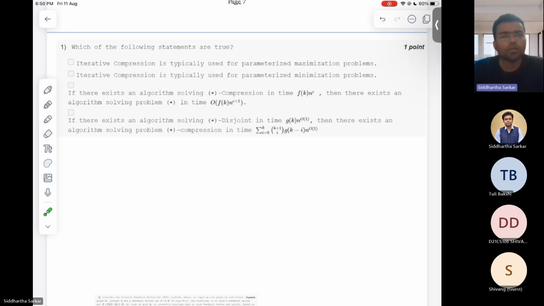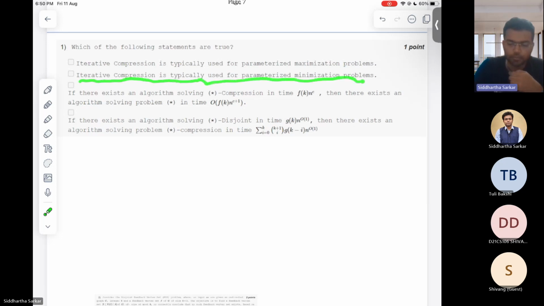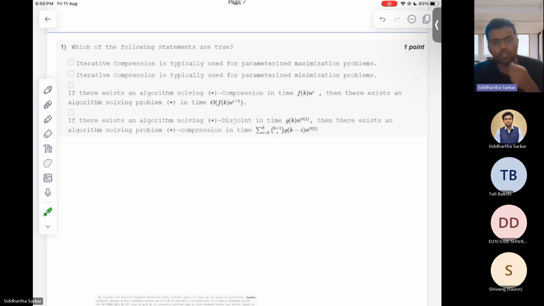The first statement is: iterative compression is typically used for parameterized maximization problems. Is that true? The second statement is: iterative compression is typically used for parameterized minimization problems. The question is whether you have seen this technique of iterative compression being used for minimization problems or maximization problems.